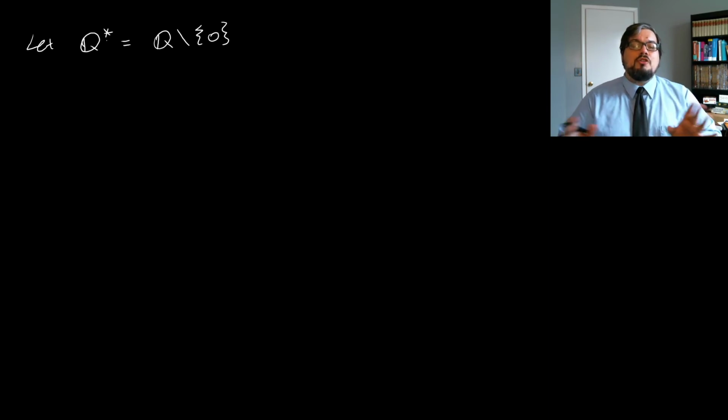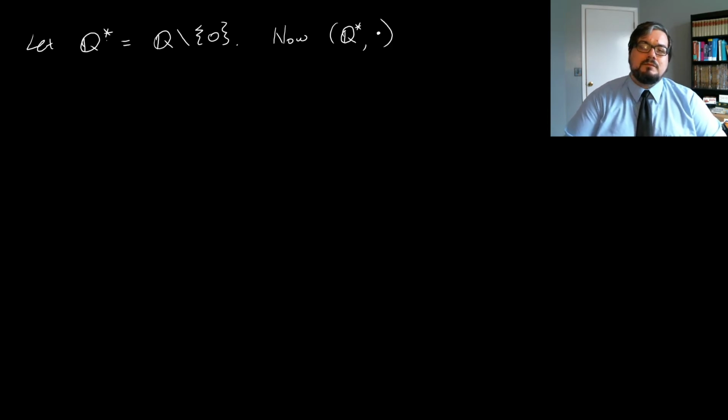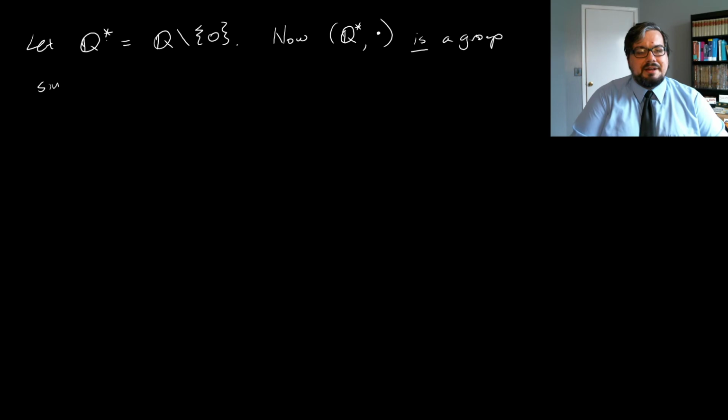I just want to take all the non-zero rational numbers. So now Q star with multiplication is a group, since now every element has an inverse.